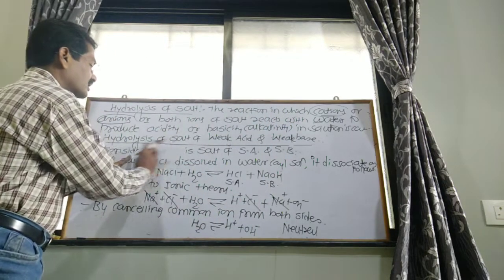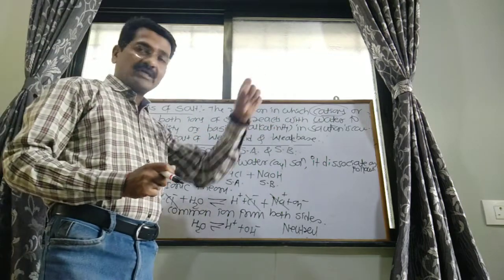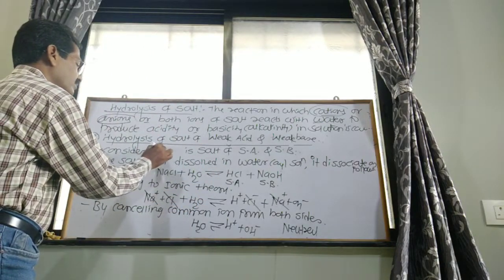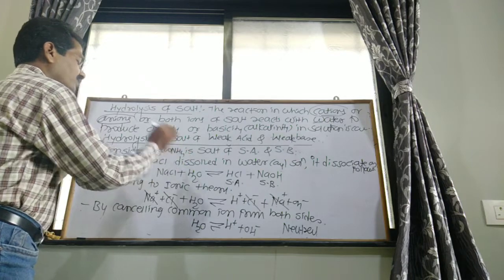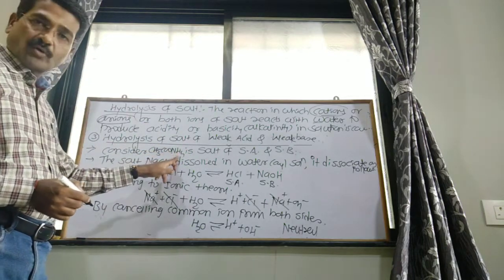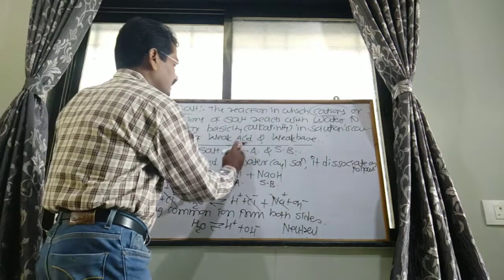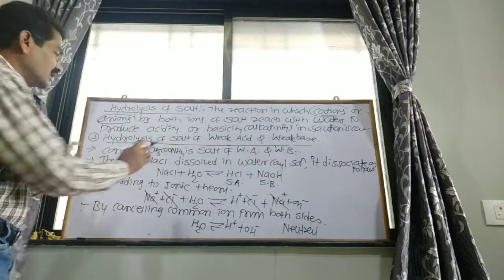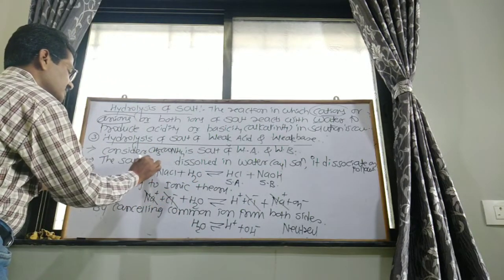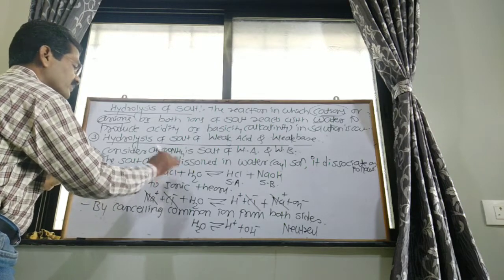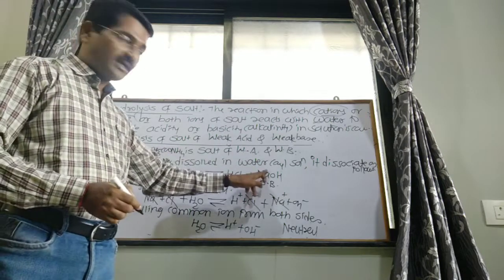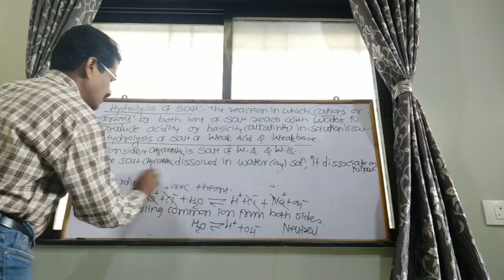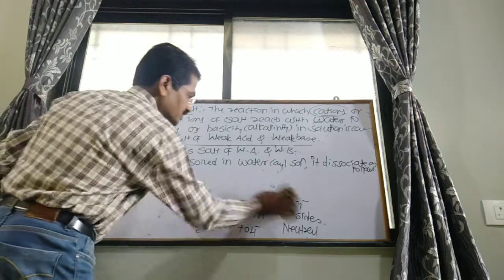Consider the salt of weak acid and weak base, ammonium acetate, CH3COONH4. Ammonium acetate dissolved in water, aqueous solution, dissociates as follows.